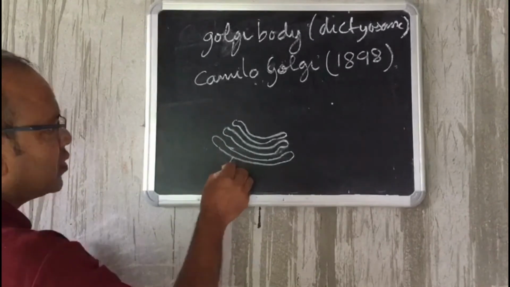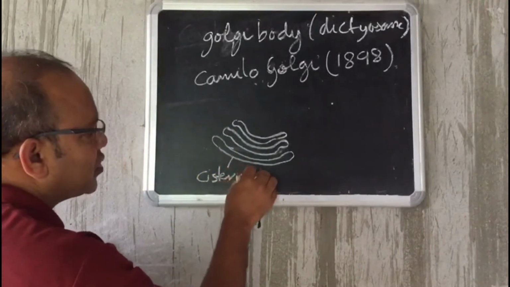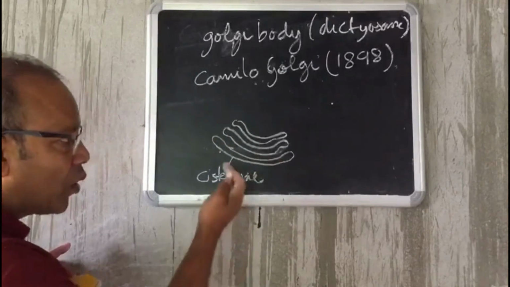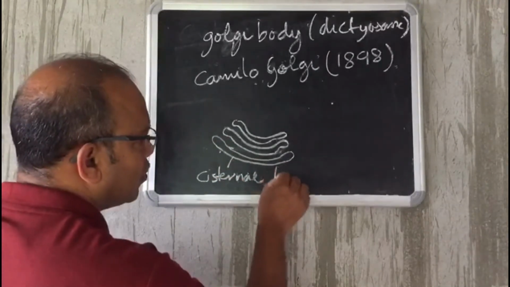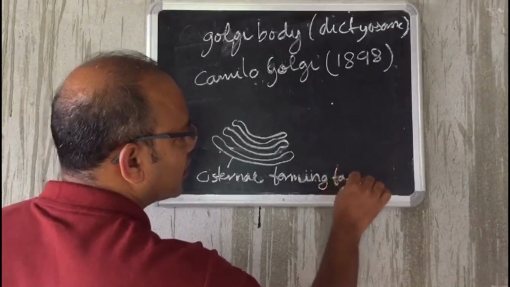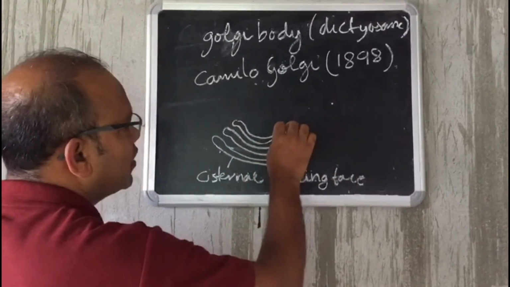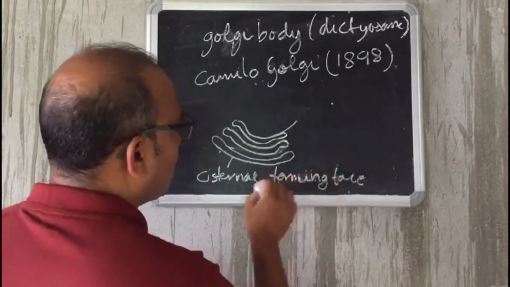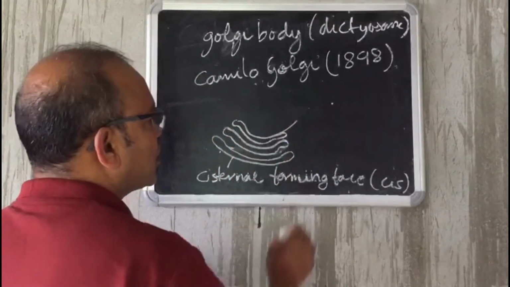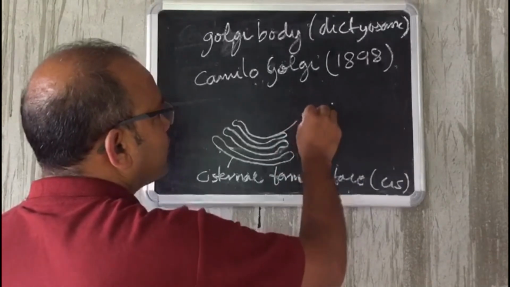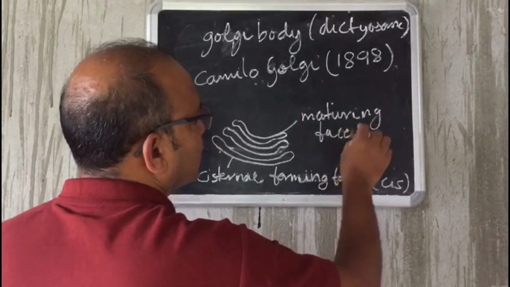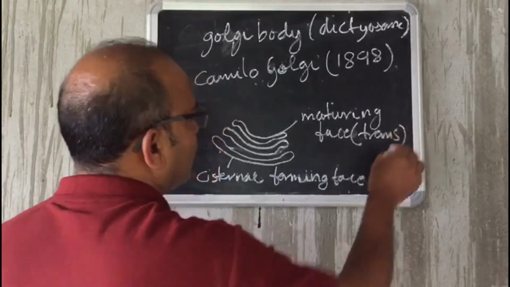These are called, as we have already talked about, the cisternae, and this face, the outer convex side, is called the forming face, also known as the cis face, and the inner side, the concave side, is called the maturing face, or it is also called the trans face.